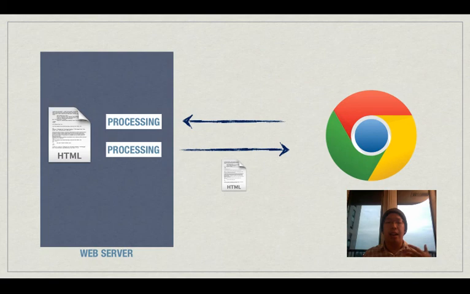So let's say an Ontario resident opens up his Chrome browser and requests a page. Well, the processing might say, oh, because you're from Ontario, we detected you made a request from Ontario, I'm not even going to return you this page. I'm going to return you a completely different page, right? So there's two sets of processing that happens, on the incoming request for a specific file, and then on outgoing when the page is returned to the browser.